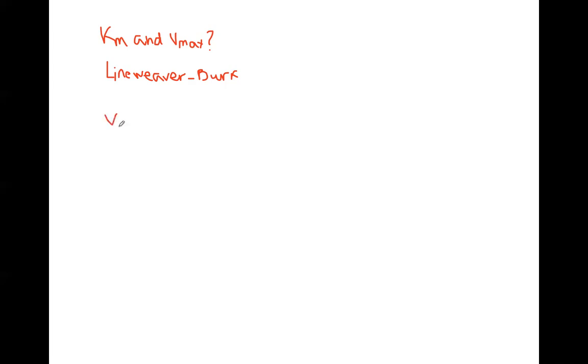So let's say you have your Michaelis-Menten equation, right? V naught equals Vmax times substrate over Km plus substrate. So what we're gonna do is take a double reciprocal of this equation.